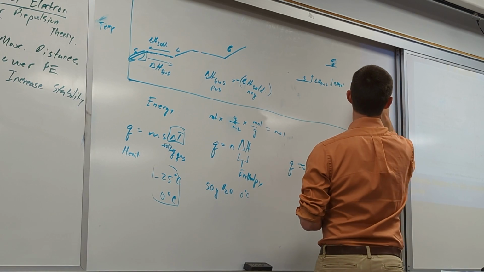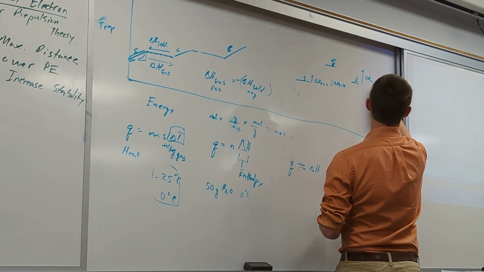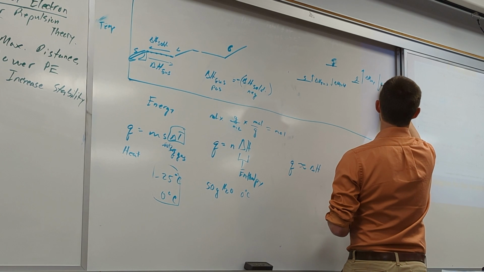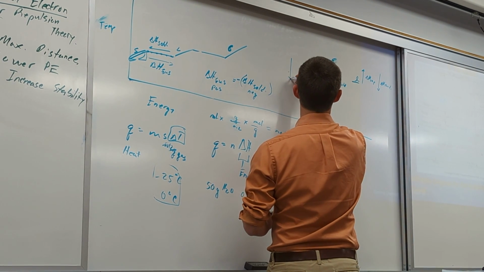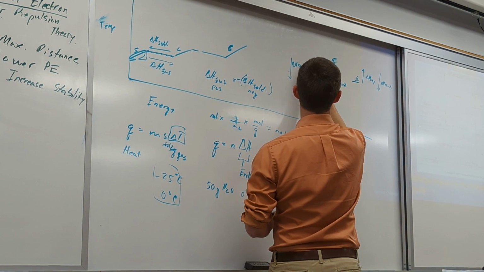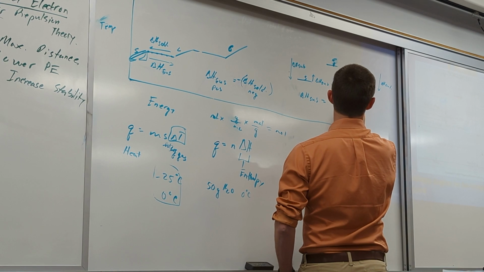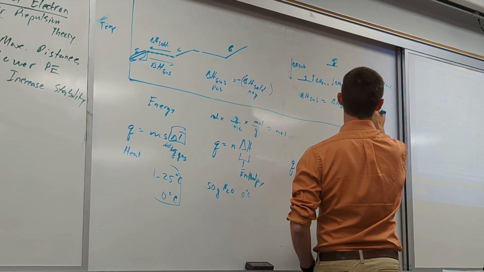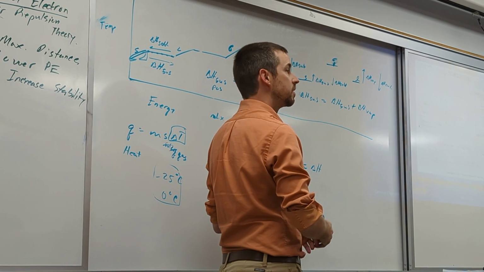Delta H what? The enthalpy of vaporization, and the reverse. So is it true that the enthalpy of sublimation is equivalent to delta H fusion plus delta H vaporization? Is that a true statement? Yeah, right? That's called Hess's law.